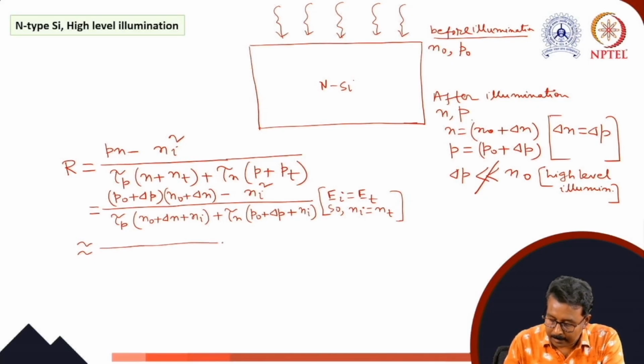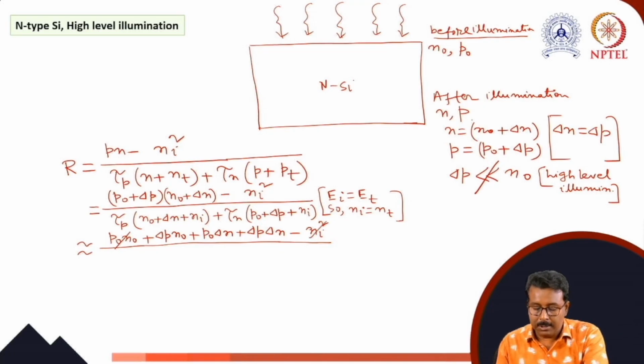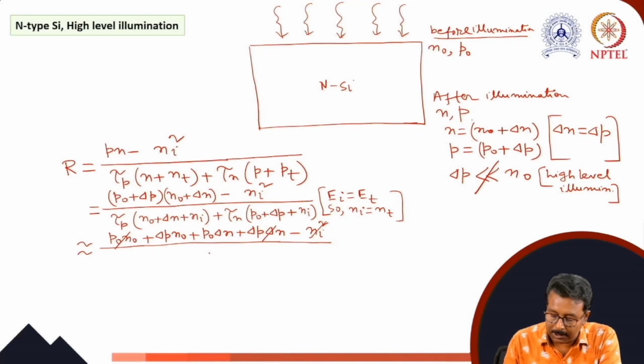Again, the numerator is P0 N0 plus delta P N0 plus P0 delta N plus delta P delta N minus Ni square. P0 N0 and Ni square cancel out because P0 N0 is equal to Ni square. Delta P delta N is the product of two small values, small compared to other terms, of course.